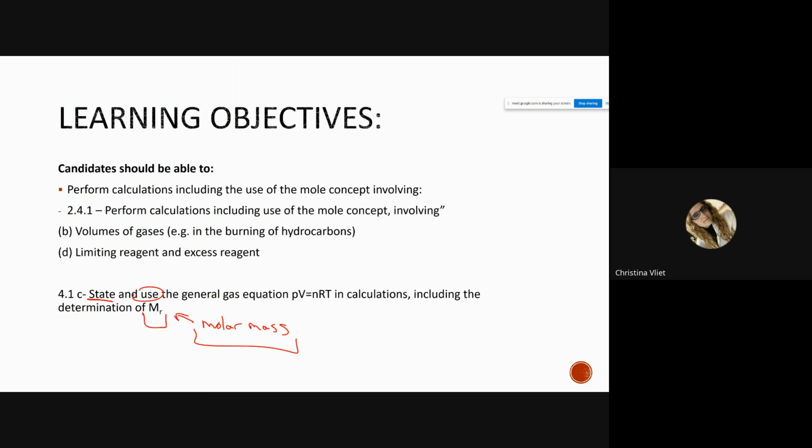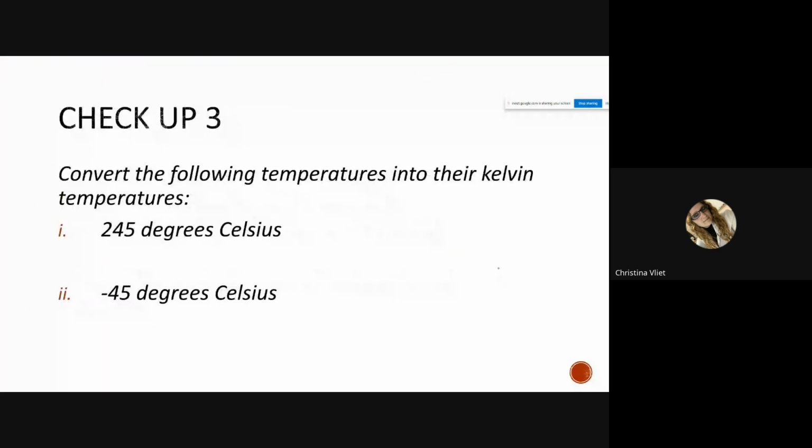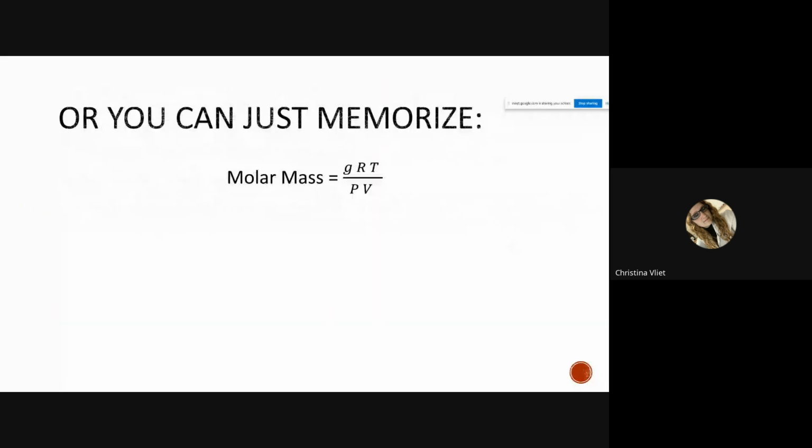They could give you a bunch of information and ask you for the molar mass of the gas. They could then, with other pieces of information, ask you exactly what the gas is. With the molar mass and some other piece of information, you can interpret what it is.